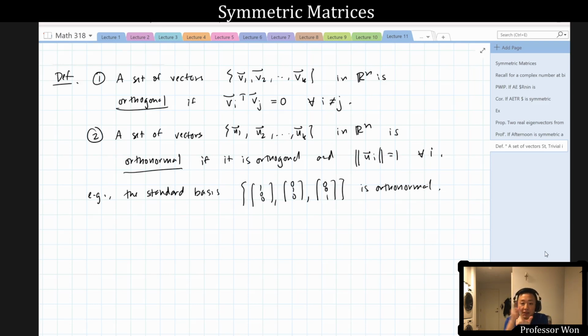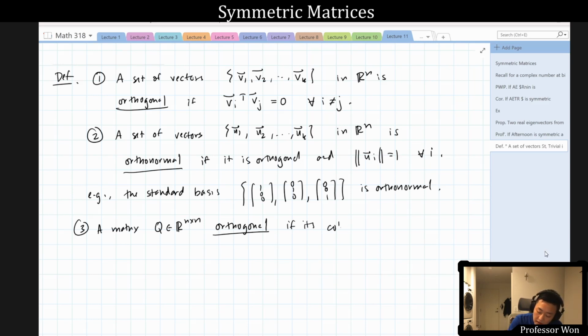A bunch of perpendicular vectors, all of length 1. Now we'll call a matrix orthogonal if its columns are orthogonal. And we'll call a matrix orthonormal if its columns are orthonormal.